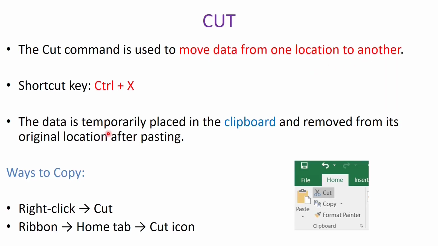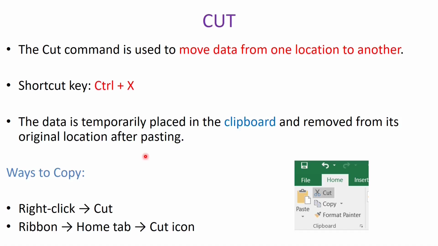When data is cut, it is temporarily stored in a special area of computer memory, which is known as the clipboard. Once you paste the data into a new location, the original cell will be cleared.